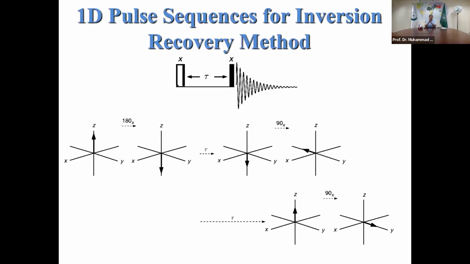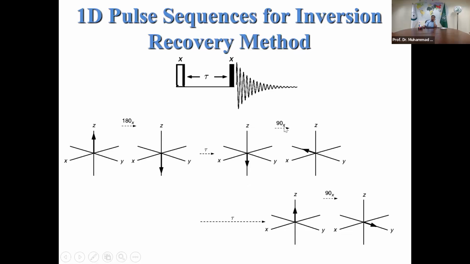But here, the objective of showing you this particular experiment is to demonstrate what actually happened. So what happened is that the 180 pulse inverts the signal. During this time, it naturally has to relax, and every time you give a different delay, it is in a different magnitude, from minus z to plus z, from full minus z to full plus z is inversion recovery.